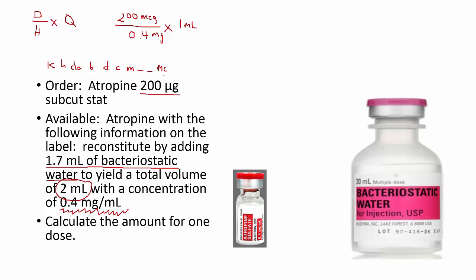So we want to go from micrograms up to milligrams. So we're going to move our decimal 1, 2, 3 places. So I'll take my decimal here, 1, 2, 3 places. That means that the doctor's order really is 0.2 milligrams.